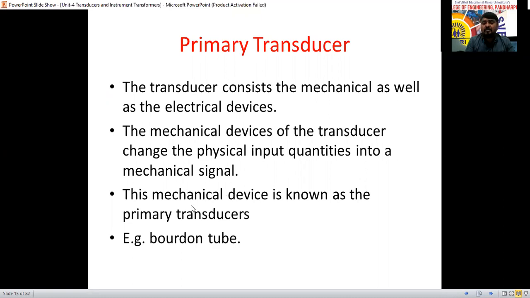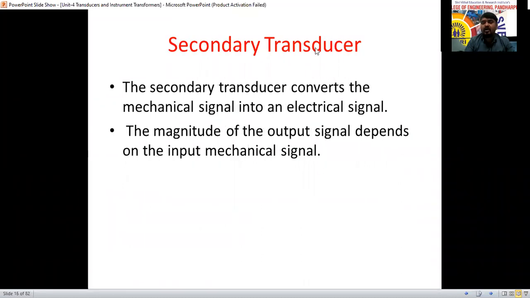But the secondary is important for us, because the secondary transducer converts this mechanical quantity into an electrical quantity. Understood? Primary transducers convert a physical quantity into mechanical. The secondary transducers convert the mechanical signal into an electrical quantity. समझ में आ रहा है? Suppose one physical quantity is there.